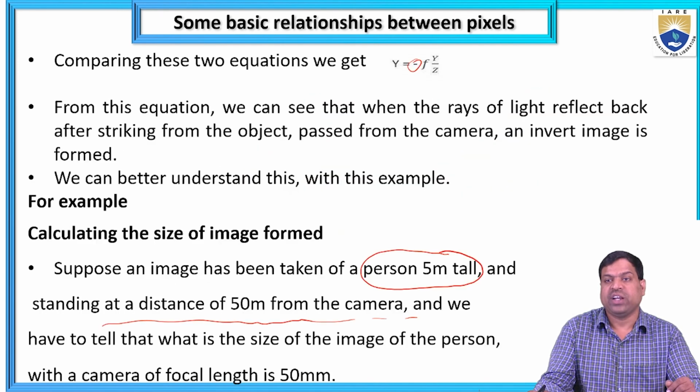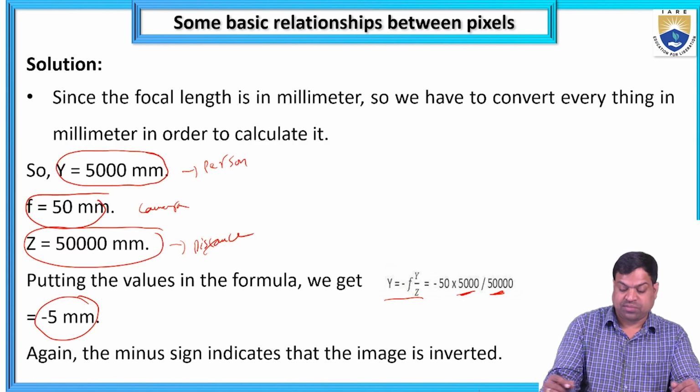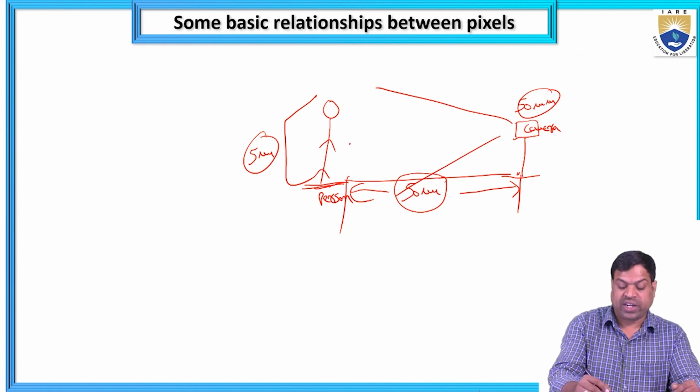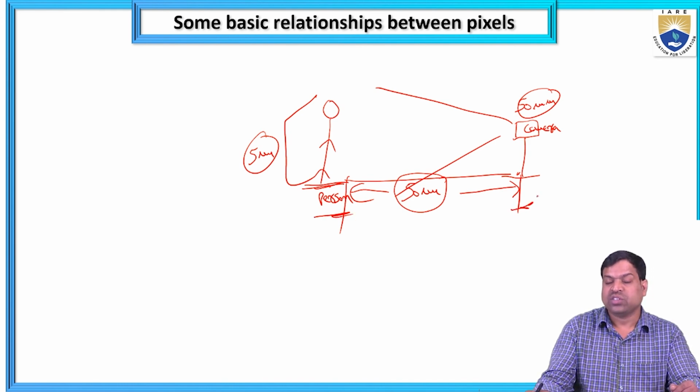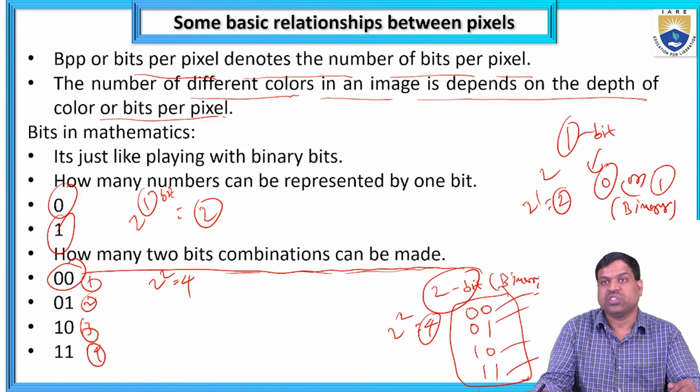So we are calculating for a person with height equal to 5 meters, and the camera is 50 mm. The distance between the person and the camera is 50 meters. So what is the image size? Using this formula, the image size is minus 5 mm. So that is the inversion of the image.